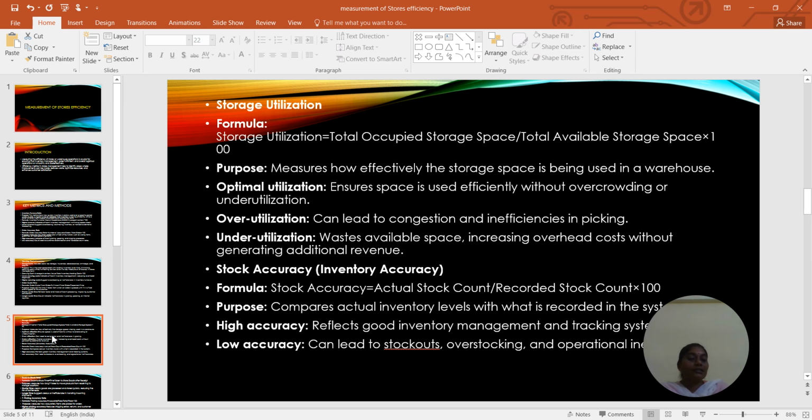High accuracy rate reflects good inventory management and tracking systems. Lower accuracy rate leads to stockouts, overstocking and operational inefficiencies. So stock accuracy equals actual stock count divided by recorded stock count into 100.